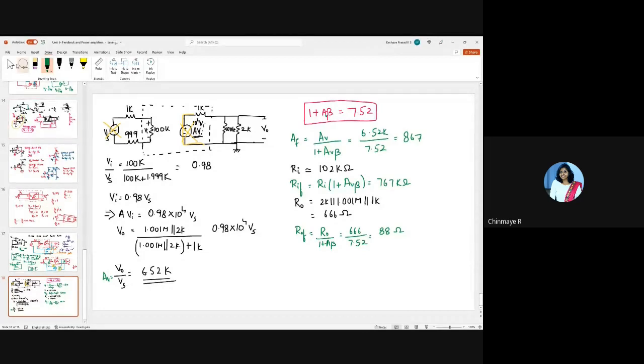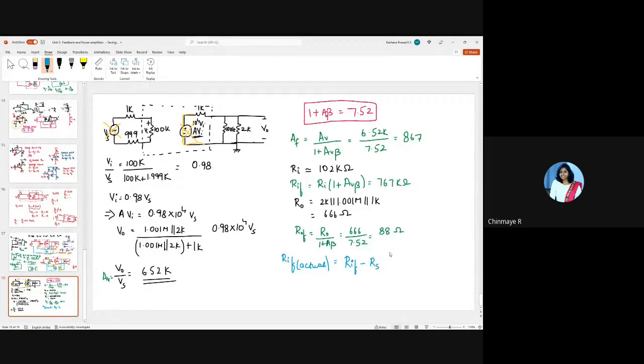Now, if you want to find out the actual input impedance and the actual output impedance of the circuit, you shouldn't be considering the source resistance and the load resistance respectively, right? So RIF actual is whatever RIF that we have obtained minus RS. Because when we are trying to find the input impedance of any amplifier, we shouldn't consider the source resistance.